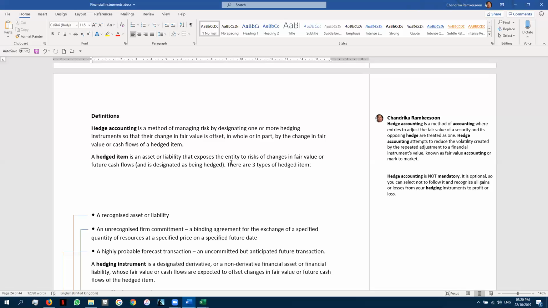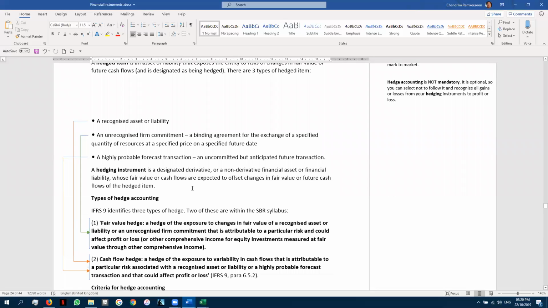There are three types of hedged item. Now, these definitions may seem a little bit technical, but when we get into the actual calculations, you realize that it's not difficult to deal with, as I'll show you, and I'll relate back to the definitions.